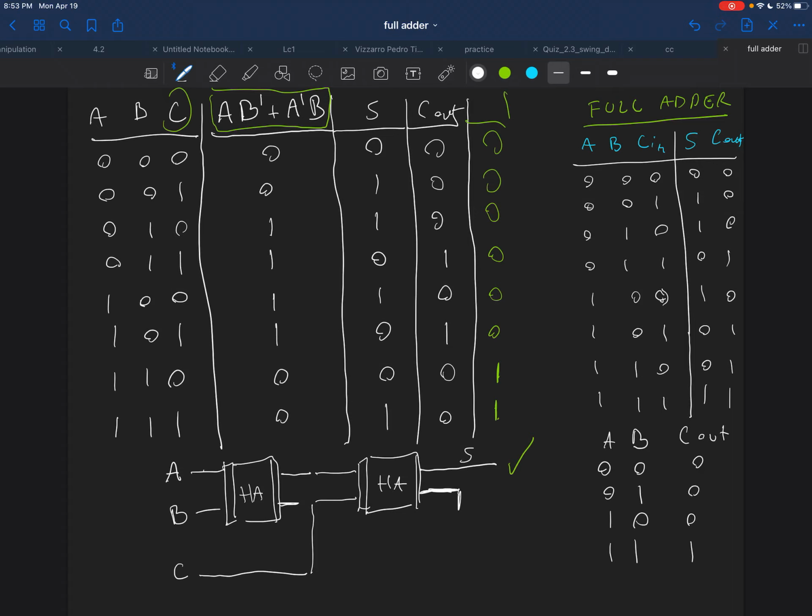The Cout was A AND B. Going back to that is very important, because if we look at our condition, 1, 1, we actually get that with A and B being true.